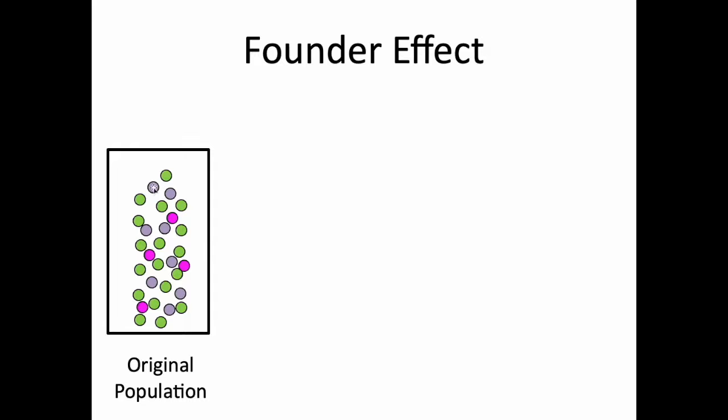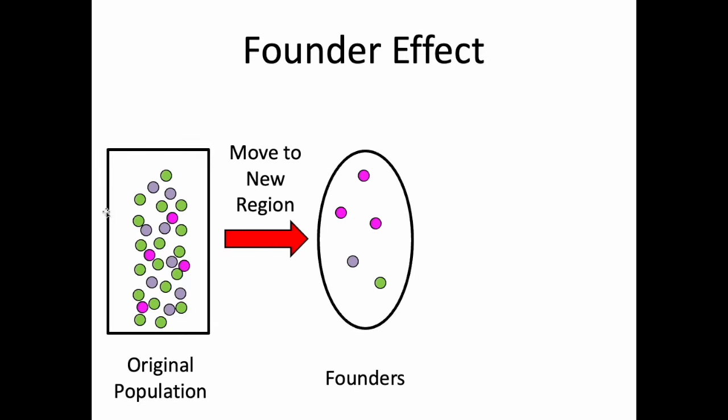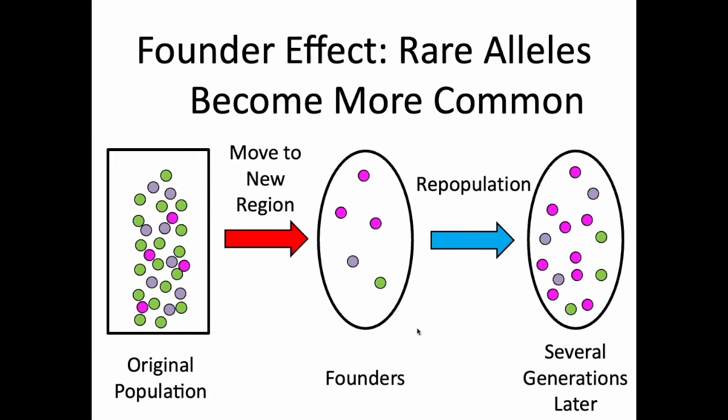So we could take an original population of individuals and randomly select some individuals from this to move to a new region. These are our randomly selected founders. They're going to reproduce, they're going to repopulate this new region, and the alleles present in this new region are going to reflect those of the founders.